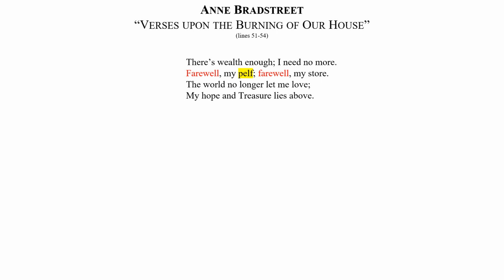And it's interesting that she talks about it as pelf. It's actually a shortened form of the word pilfer, or related to pilfering things, stolen things. And now she's looking at her possessions, not that she went around stealing them, but she looks at them perhaps in a way that, if it's pilferage, maybe it never belonged to me in the first place.